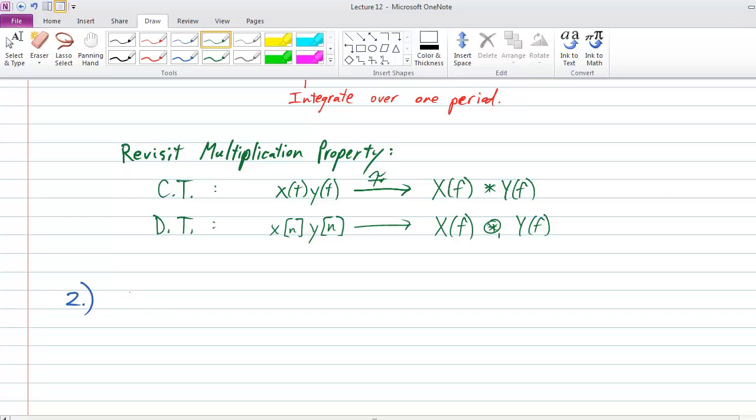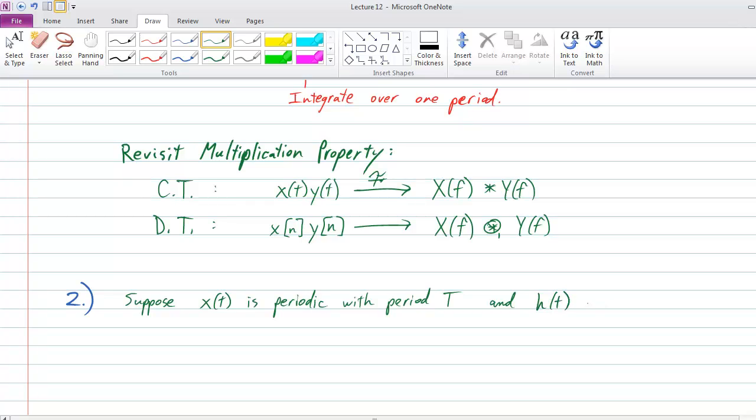Suppose that x of t is periodic, and y of t, in fact, I'm going to use h because that'll motivate this in a minute.